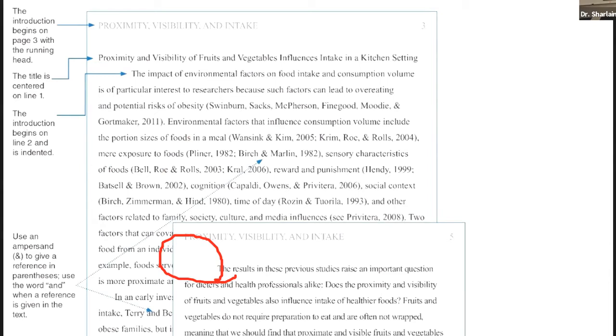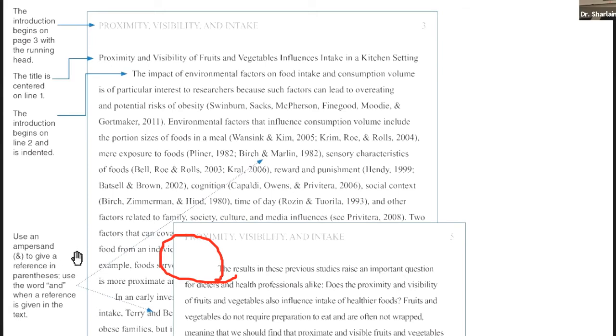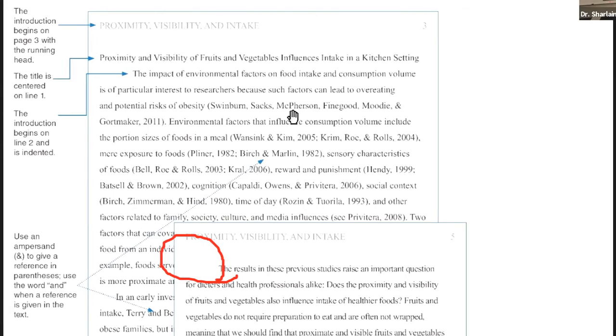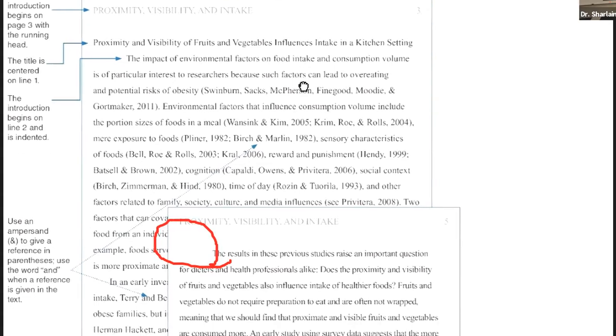Notice that when you're actually writing the body of your study, instead of using the word and, whenever we have authors, you're starting to use that ampersand, okay? So you are in fact using that ampersand. You're not using the word and, okay?